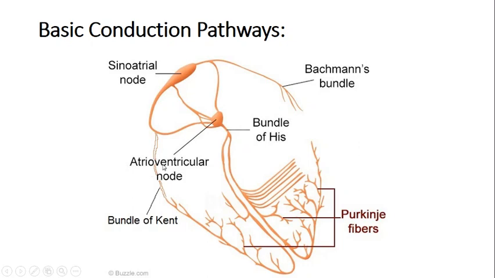This is what would be known as WPW, or Wolff-Parkinson-White syndrome. This is corrected with RF ablation, where they put a small probe into the heart in about this area and conduct some RF energy through it, and it'll usually burn out this pathway, and then it's corrected, hopefully.